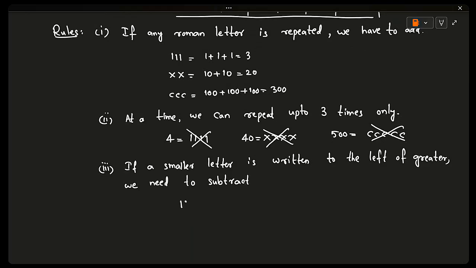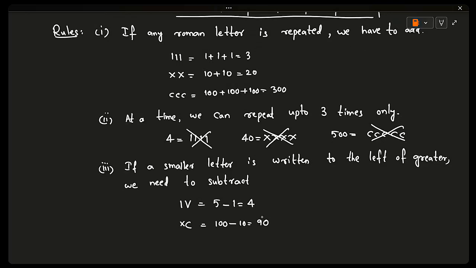Suppose you have IV. Is I smaller or V smaller? I means 1, V is 5. So I is smaller. So the smaller one is written to the left of the greater one. Whenever the smaller one is there on the left, we need to subtract. That means from 5 we need to subtract 1 and you're going to get 4. Suppose you have XC. Is X smaller or C smaller? X is smaller than C and it is written to the left. Left means what we should do? Subtraction. 100 minus 10, you are going to get 90. So this is the rule. Whenever any smaller letter is written to the left of a greater letter, we need to subtract.